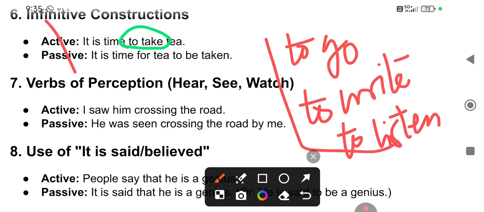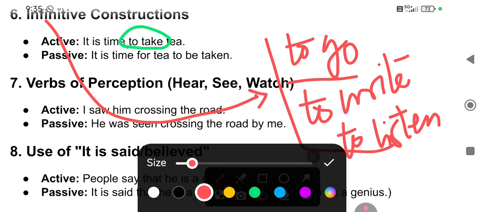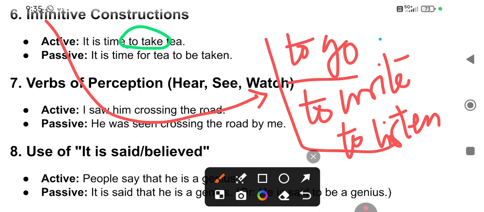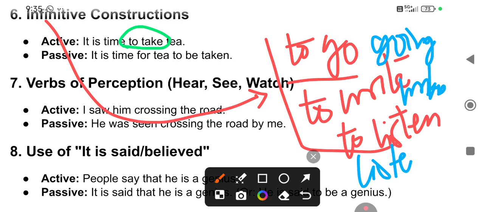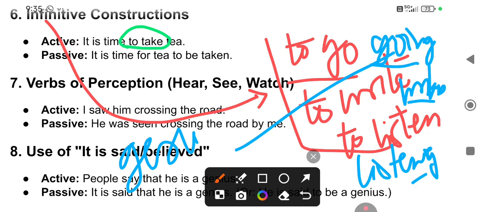This is called infinitive. And another form is going, writing, and listening. These are called gerundial form, or gerund.